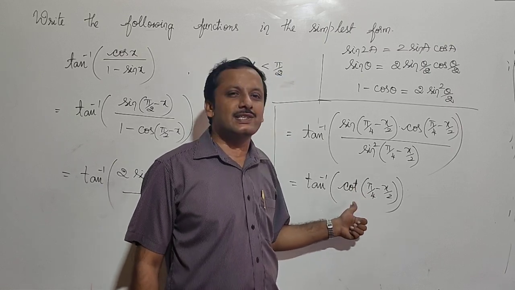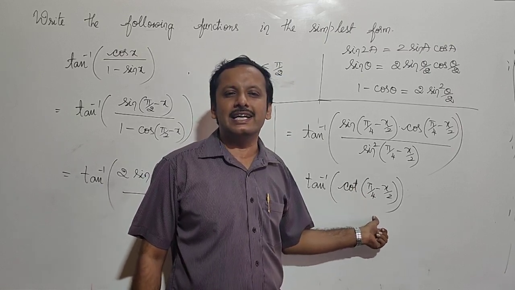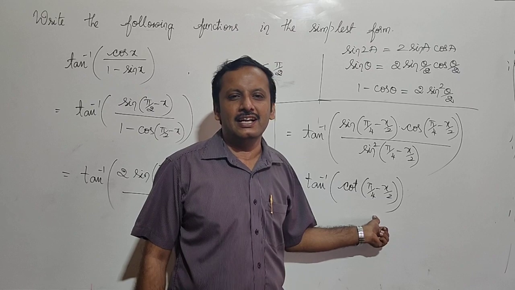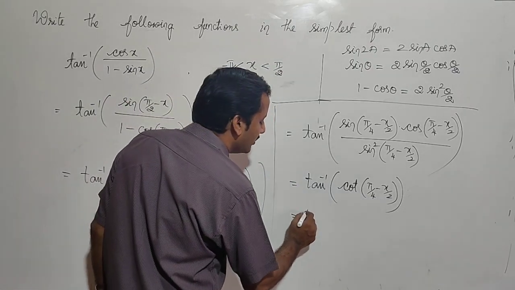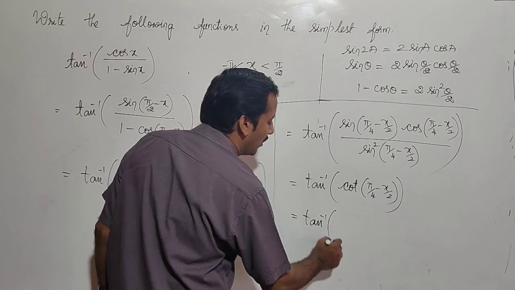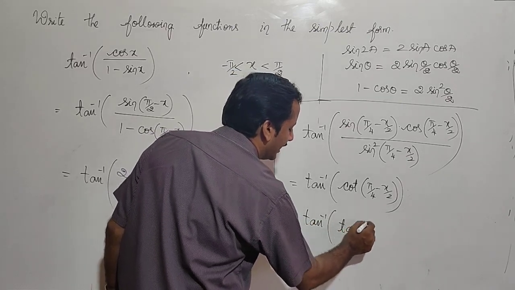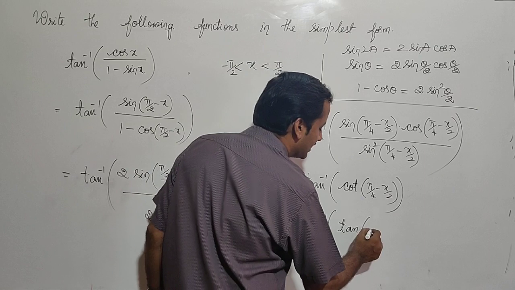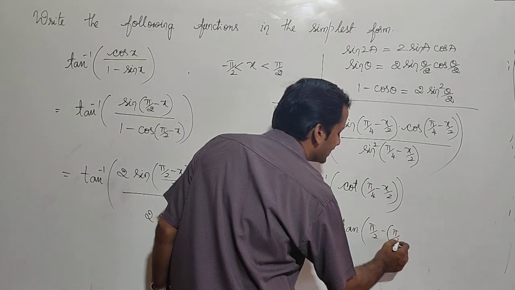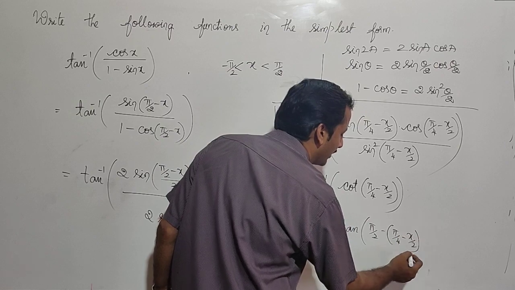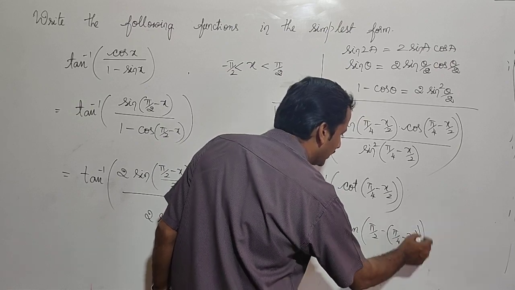The other method is writing cot theta as tan 90 minus theta. Tan 90 minus theta is equal to cot theta. That I am using here. Tan inverse of tan 90 minus theta, which means pi by 2 minus theta. What is theta now? Pi by 4 minus x by 2.